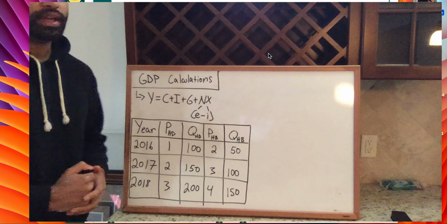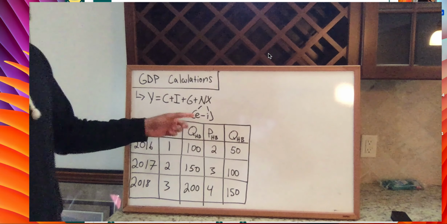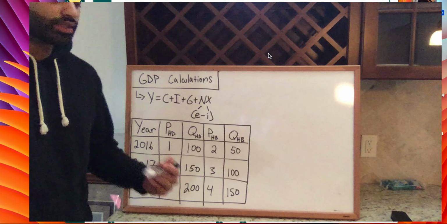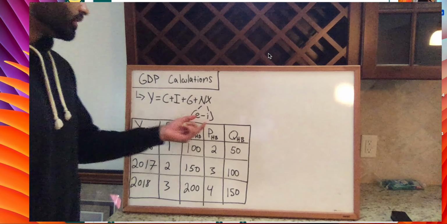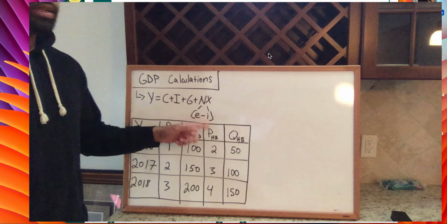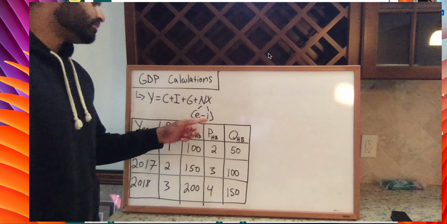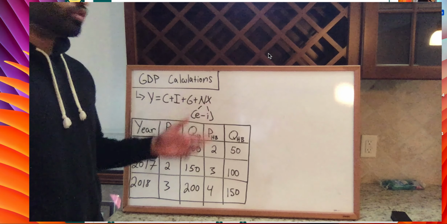And then lastly, we have net exports. This pertains to trade. And it's important to know it's exports minus imports. A lot of students usually forget this second part of the formula. Anytime you see net exports, it's exports minus imports. So for the United States, as we've talked about in class, we import much more than we export.